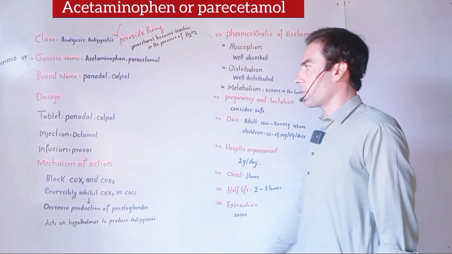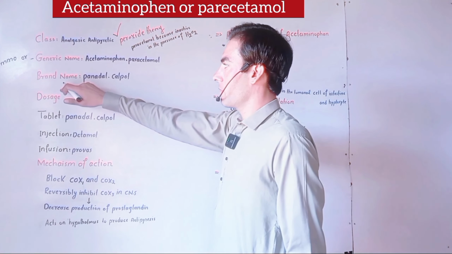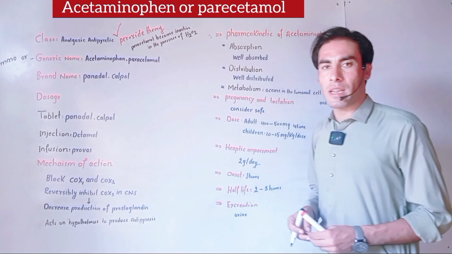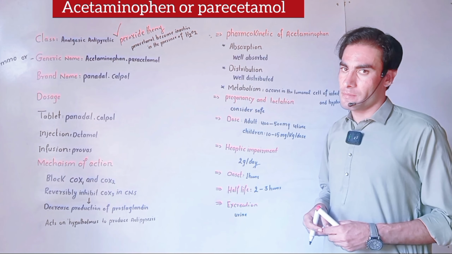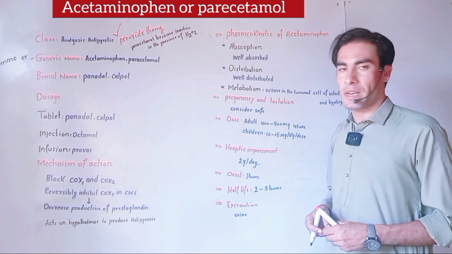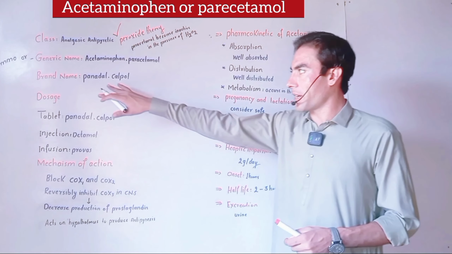And second is the brand name or trade name. The name which is given by the manufacturer is the brand name or trade name, also called the proprietary name. For example, Panadol and Calpol.